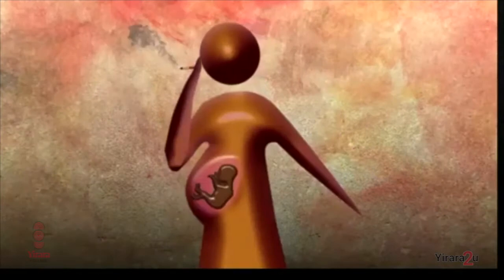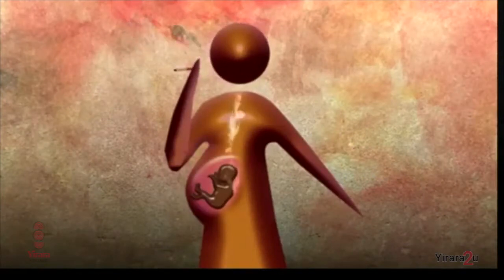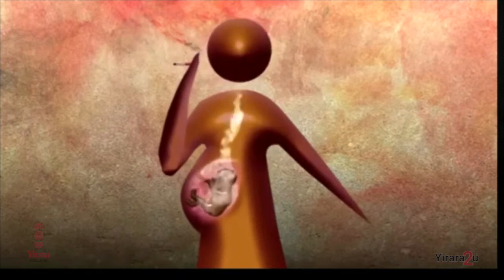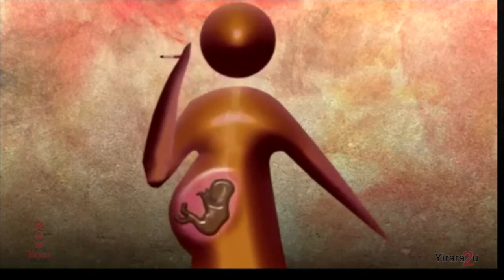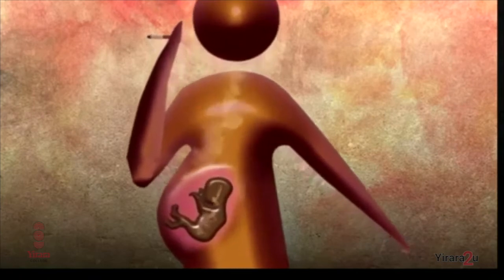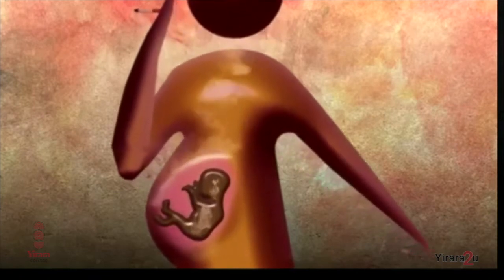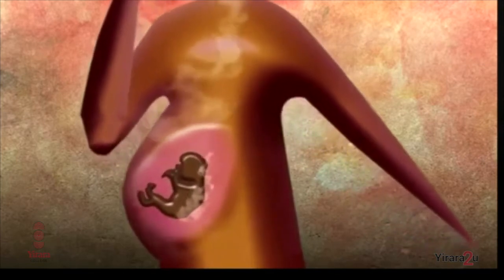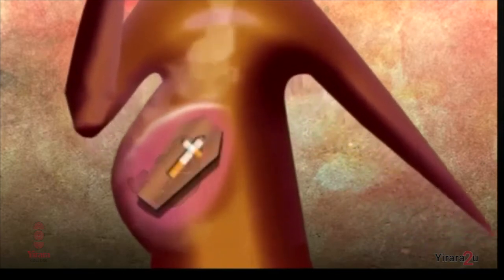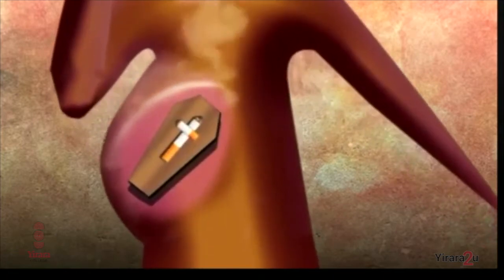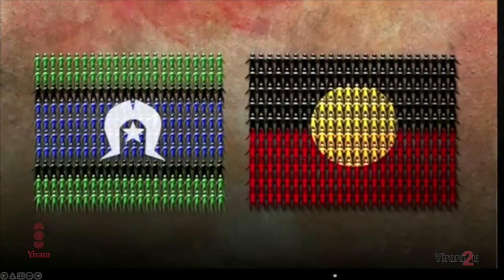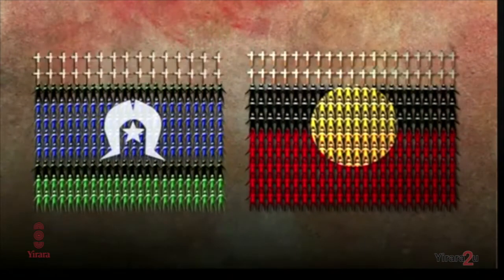When pregnant women smoke, it hurts the baby. The chemicals from the smoke go through the mother's body and into the baby's body. The baby can be born too early, and it can get sick all the time. Too much smoking while pregnant can even kill the baby. 20% of Aboriginal and Torres Strait Islander people will die from illnesses caused by smoking.